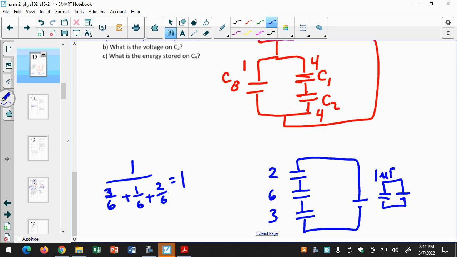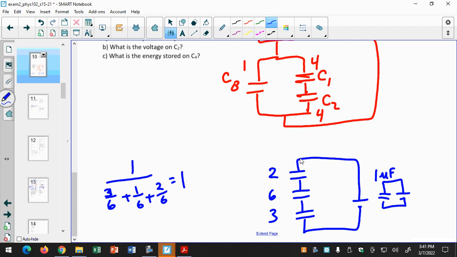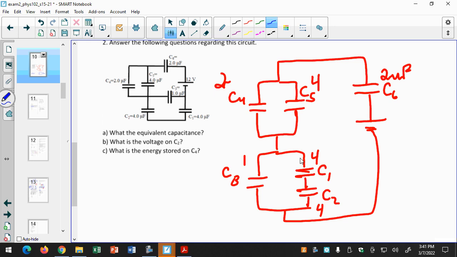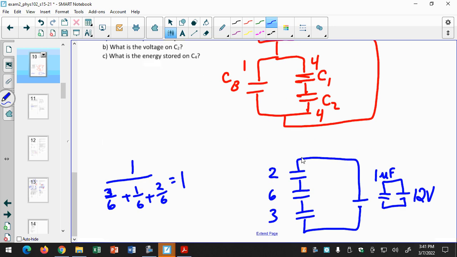1 microfarad. Yeah, Ben? Could you break it up again into 6 and 3 and maybe 2 and 2? Oh, I didn't do that. Could you take a 6 and a 3 and combine it into 2 and 2 and 1? Oh, yeah, you could do that. Really?